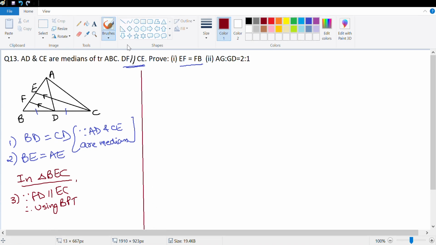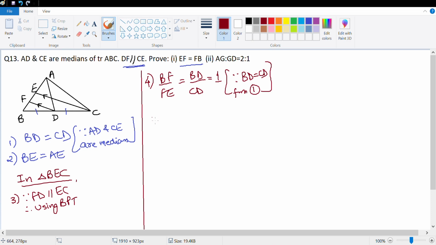Number 4, BF upon FE would be equal to BD upon CD. But since BD and CD are equal from 1, this is equal to 1. Therefore, BF is equal to FE. This is the first part of the question done.